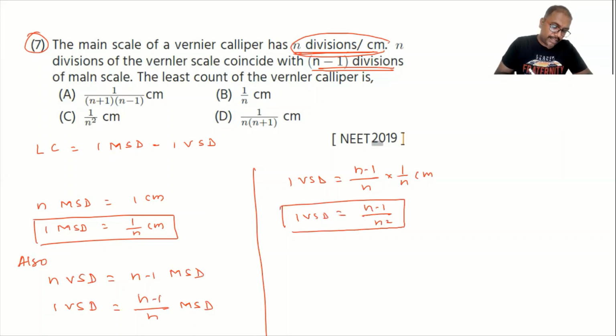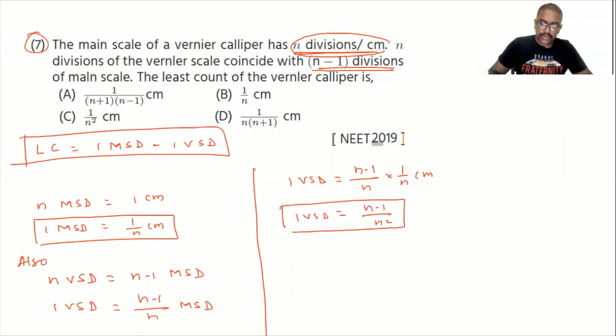Now both we can substitute in this formula. So let's see what we get. Hence, least count is equal to 1 main scale division, which is 1 by n, minus 1 vernier scale division, which is n minus 1 divided by n square. This we have to simplify. Now I can write 1 by n as n divided by n square, minus n minus 1 by n square.